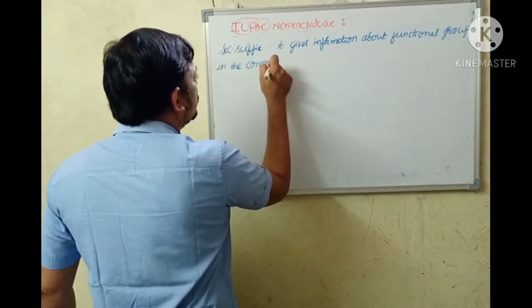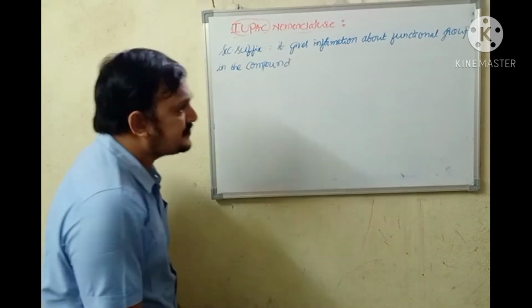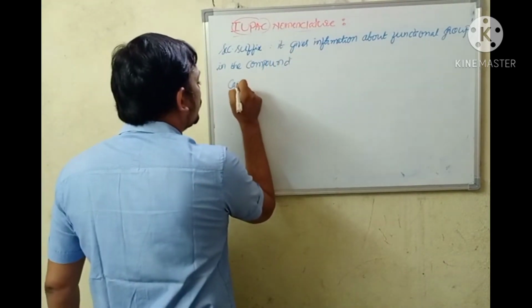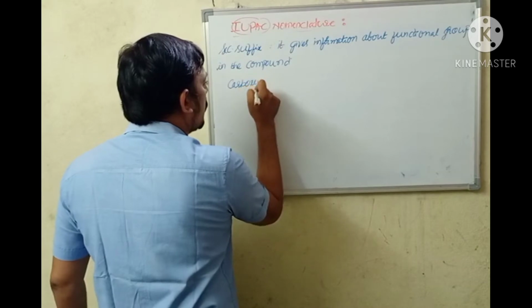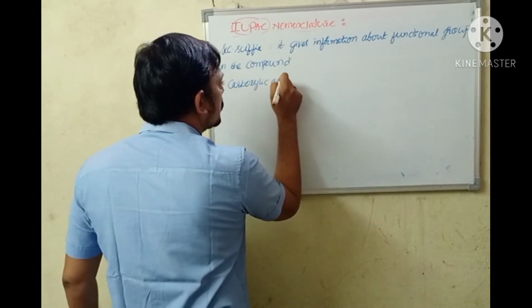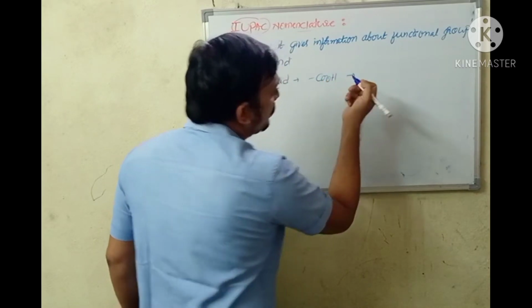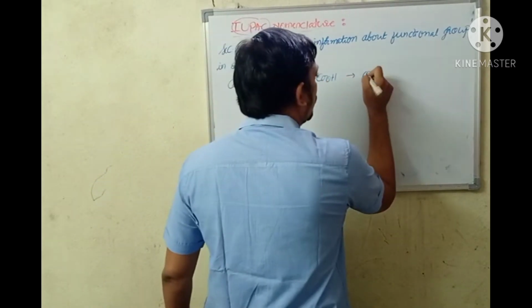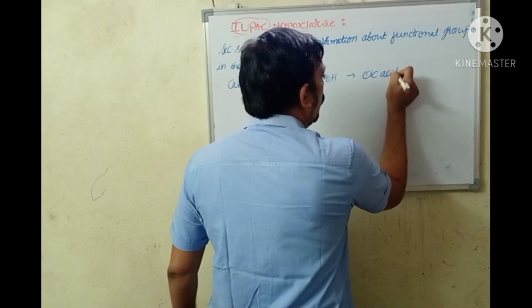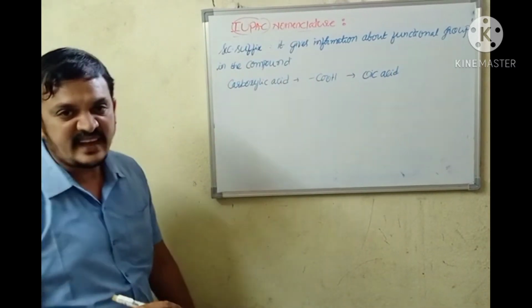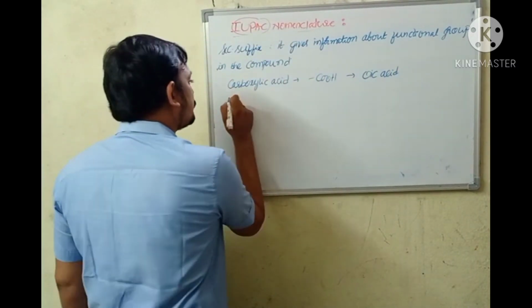You know, you have different types of functional groups. Carboxylic acid, which has formula COOH, is given secondary suffix oic acid, O-I-C, oic acid.